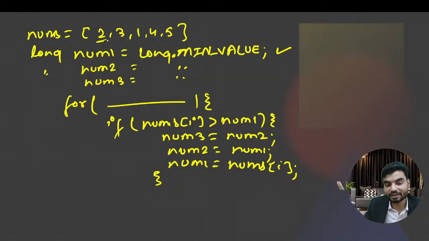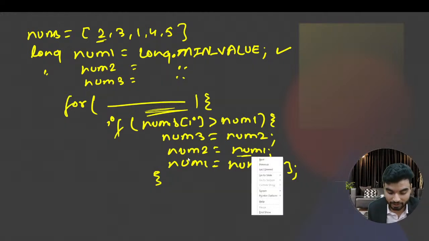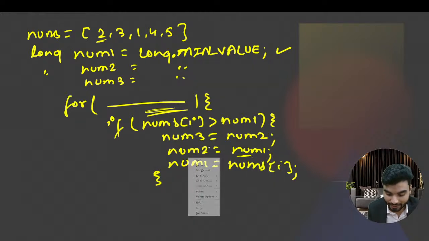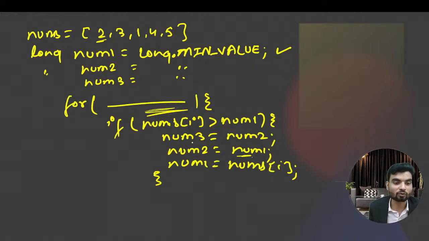Previously num1 was the greatest value, now it is the second largest, because the largest value is something else, which is this nums[i]. So we'll assign the value of num1 to num2. Previously num2 was the second largest value, now it is the third largest value. Why? Because we got another larger value, right?